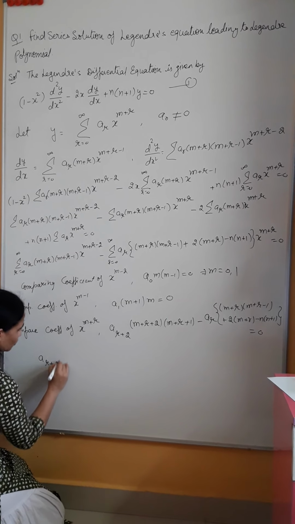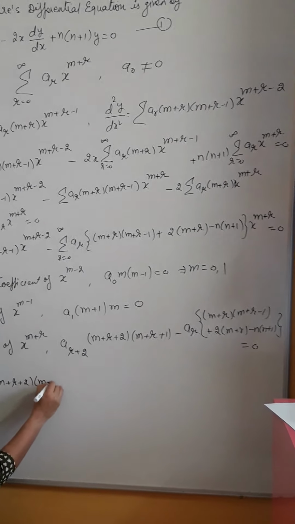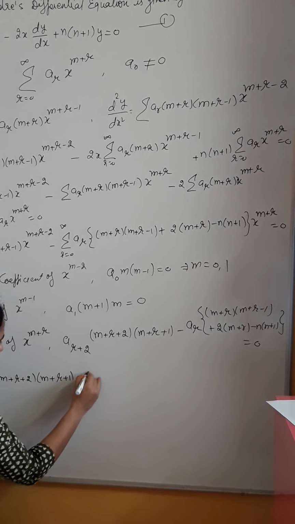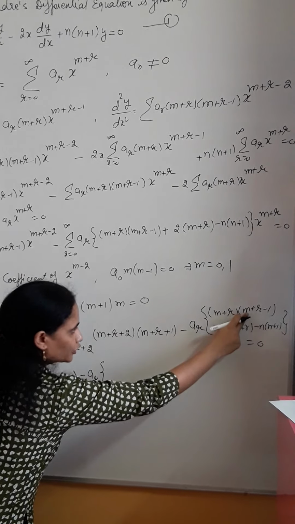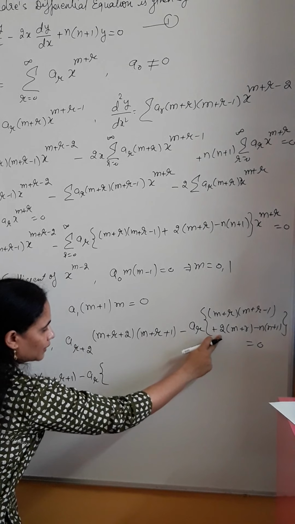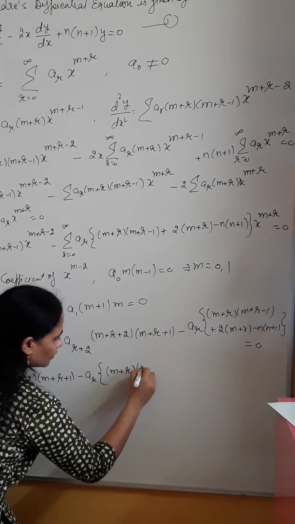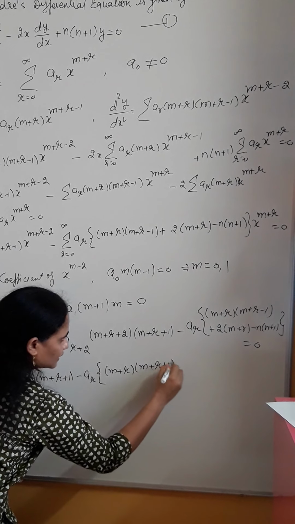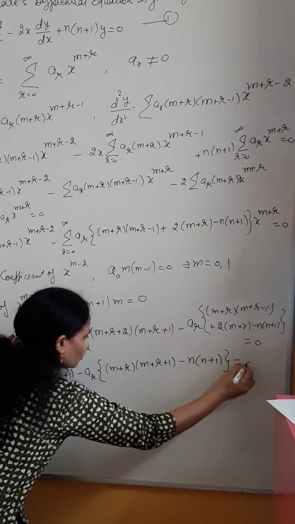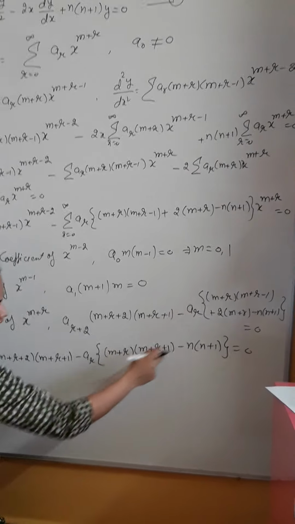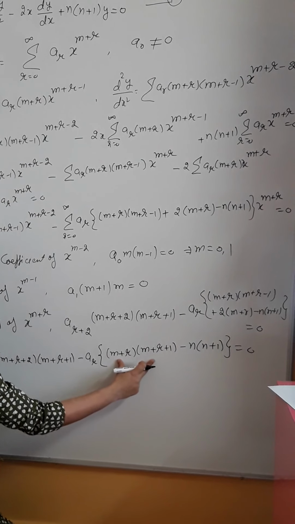a r plus 2, m plus r plus 2, m plus r plus 1, minus a r. And if we simplify this, m plus r whole square minus m plus r plus m plus r. So you would be getting m plus r plus 1 minus n plus 1 whole square. I hope you will verify this. You multiply and see these two terms, you will end up with these two factors.